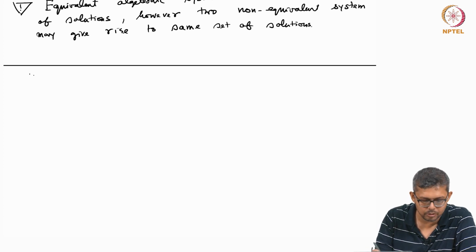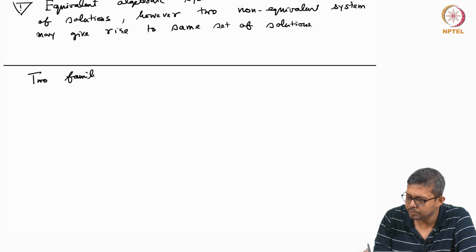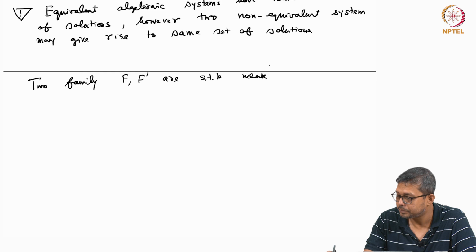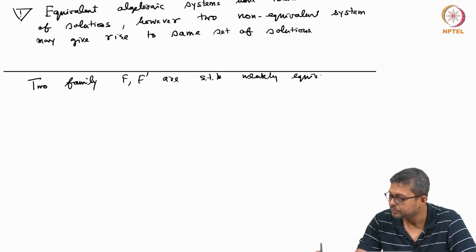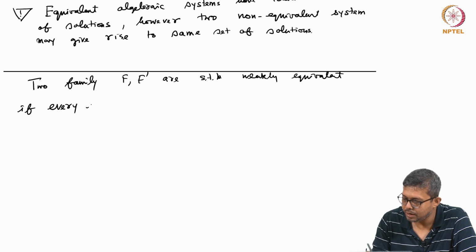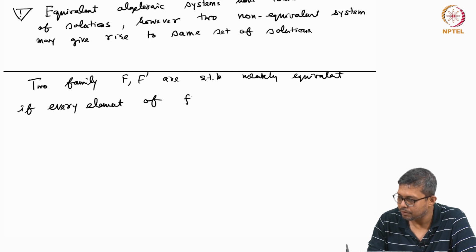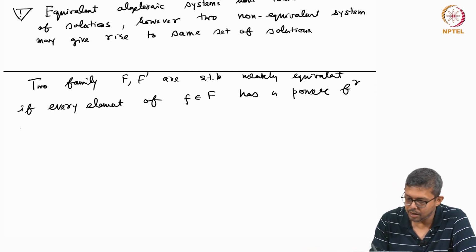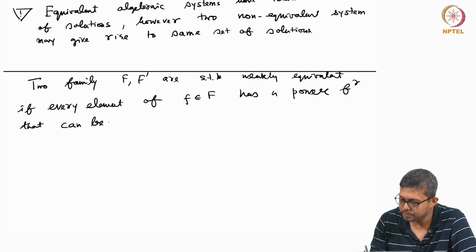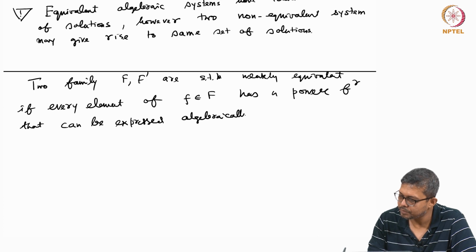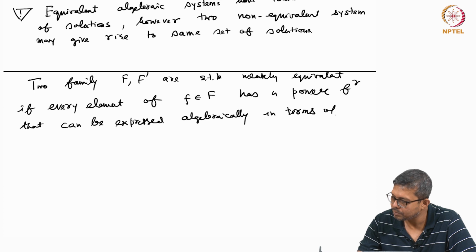So, the new definition: two families F and F prime are weakly equivalent if every element of F has a power F to the r that can be expressed algebraically in terms of F prime.